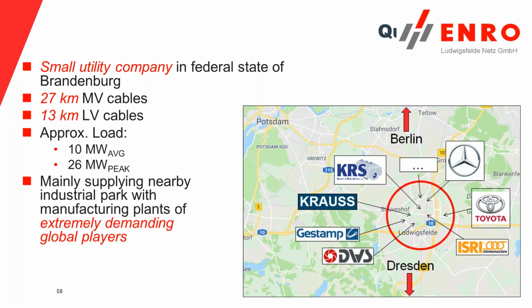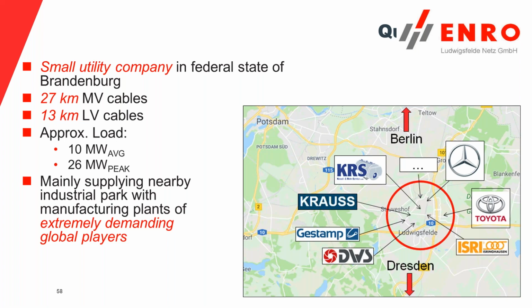Enro is feeding, south of Berlin, an industrial park that has all kinds of global players in it. You have a production facility of Toyota, you have Mercedes, you have ATU Aero, a supplier for the airplane industry, you have Kraus, you have Gestamp, all of these mid-sized but globally operational players, and you have some corporates there.